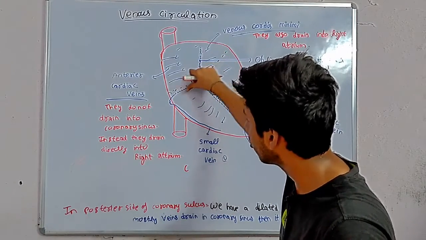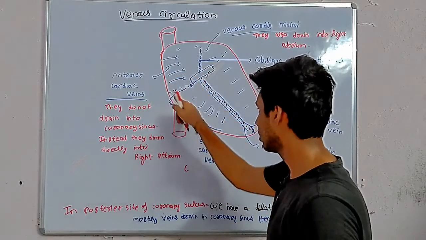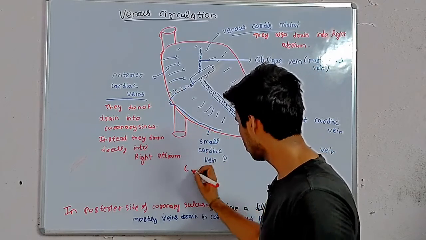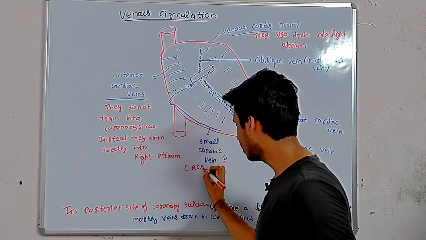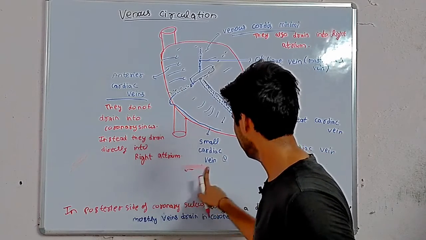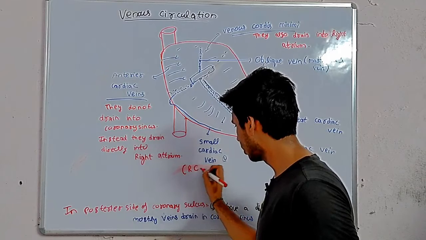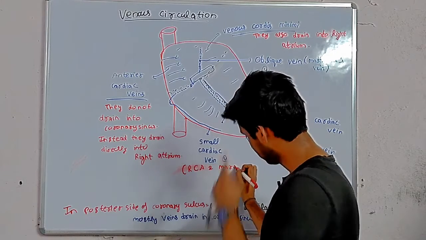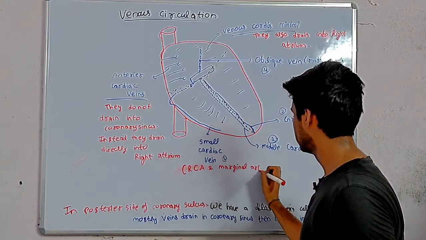They first give the right coronary artery and then it goes posteriorly. The right coronary artery also gives a branch called the marginal artery. So its corresponding artery will be the right coronary artery, and the marginal artery.